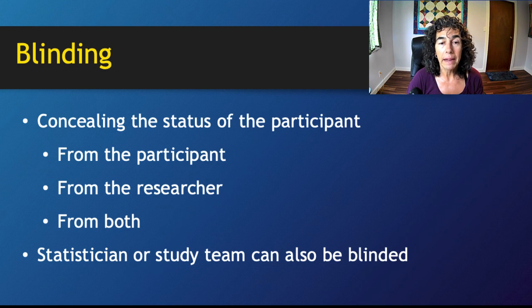Or we might have blinding from both. A statistician or study team could also be blinded. So it's a way to remove any tendency, unconscious or conscious, that skews the research in any way. And it's just a measure to increase rigor.